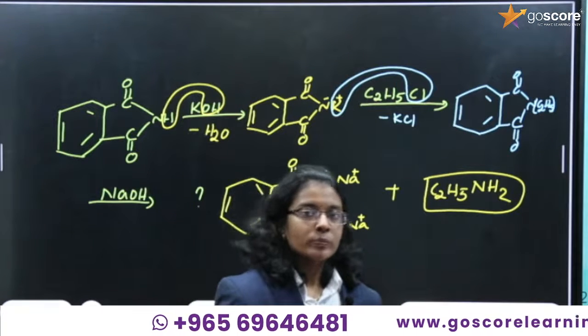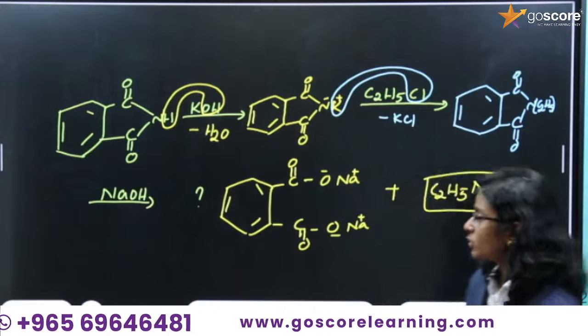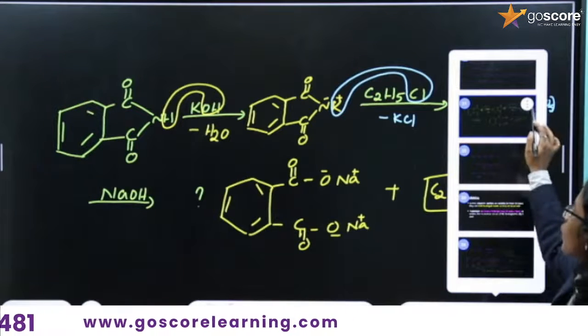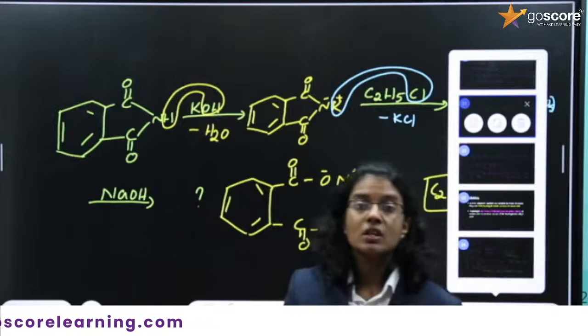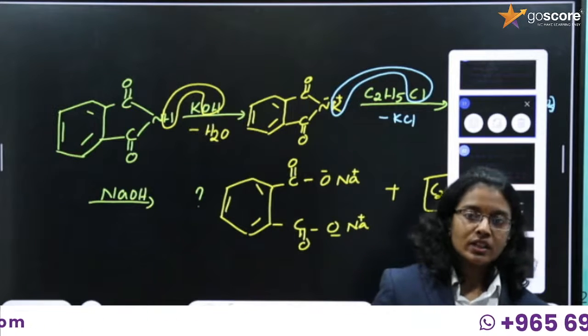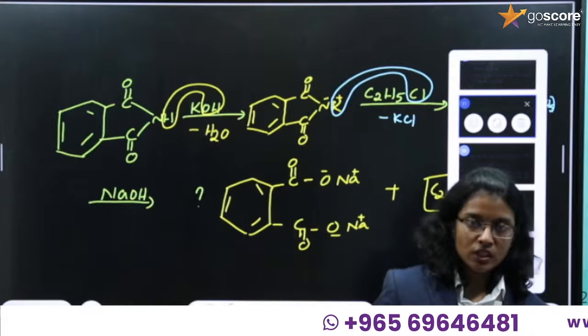Okay, I hope this is clear for you, and you have to study the reagents thoroughly. The Gabriel and Hofmann bromamide degradation reactions are named reactions. So you have to write that in a notebook, the named reactions and what reagent we are using here.